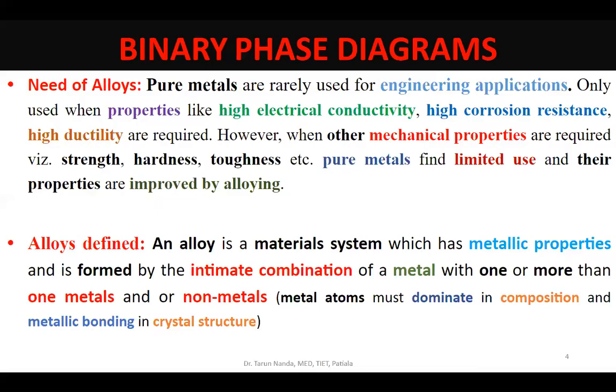It should be the metallic bonding. Any type of bonding can be there in an alloy system, but the most domineering type of bonding has to be metallic bonding. So if in composition the metal atoms are in maximum fraction, and in bonding it's the metallic bonding which is most prevalent, then the type of system that would get formed is called an alloy system.